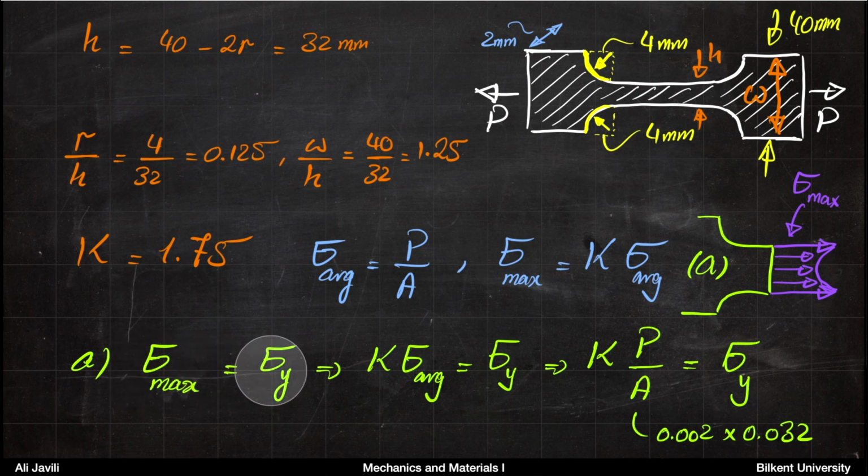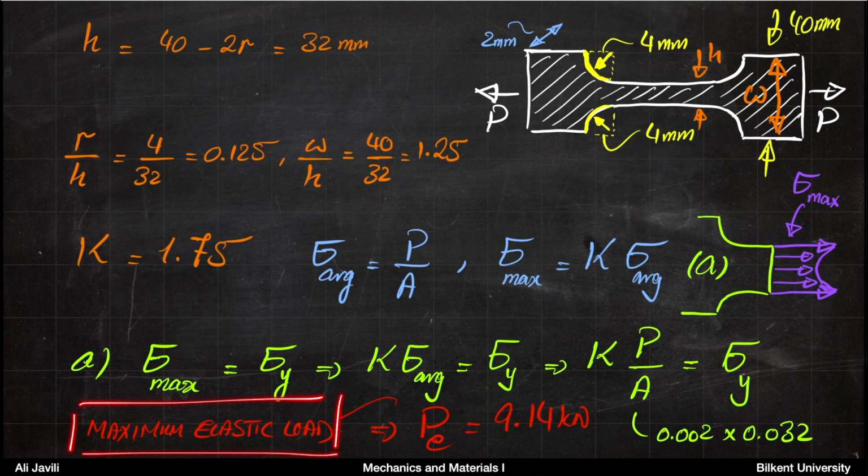If you assume that maximum stress is equal to yield stress, remember that was our condition for maximum elastic load, then you just insert maximum stress from this relation. Sigma y is given. You know the stress concentration factor from the previous graph. So you put all that together and you can calculate maximum elastic load, and that would read 9.14 kilonewton.